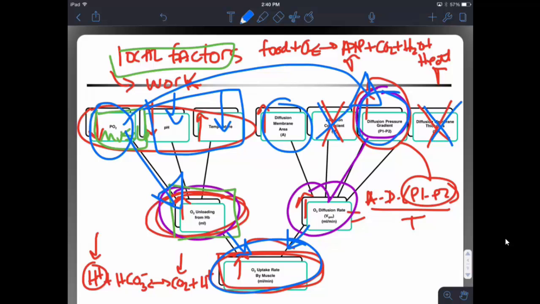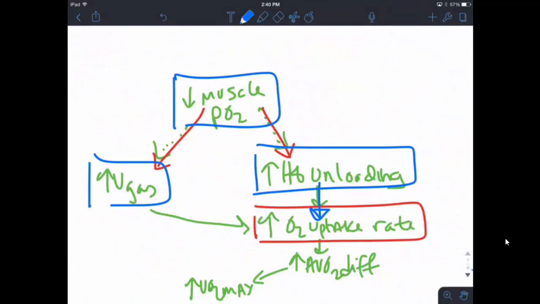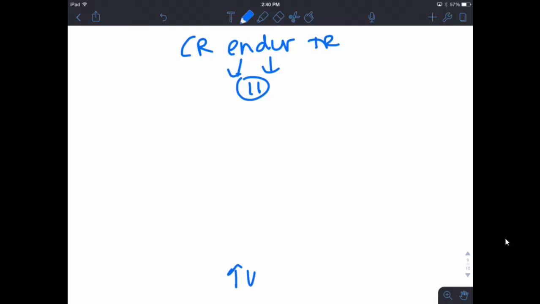Okay, so now with the 7 recordings, if you go back and piece them together, you should have cardiorespiratory endurance training. Coming off the top, you have 11 different factors contributing to increased VO2max.